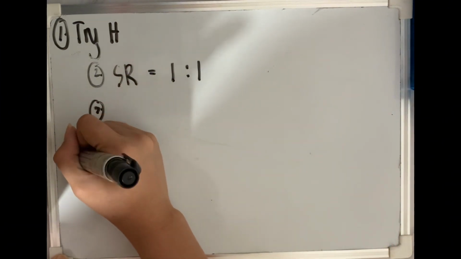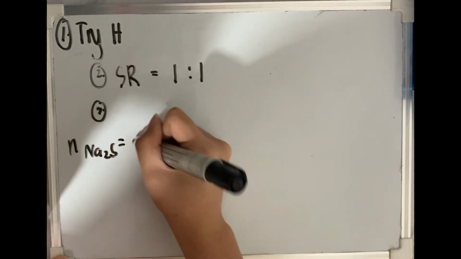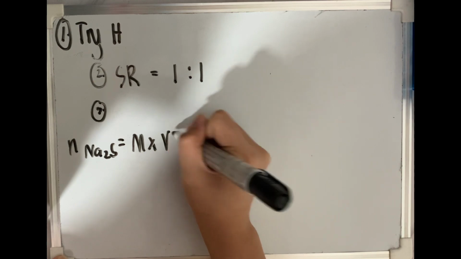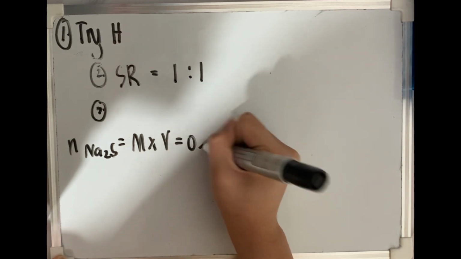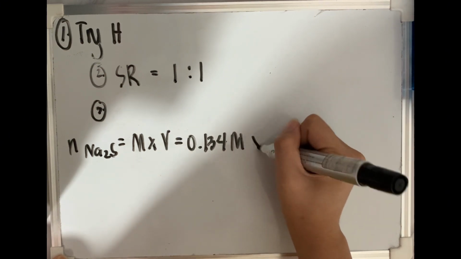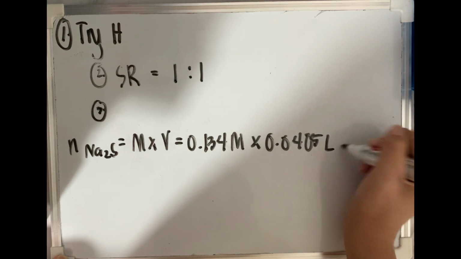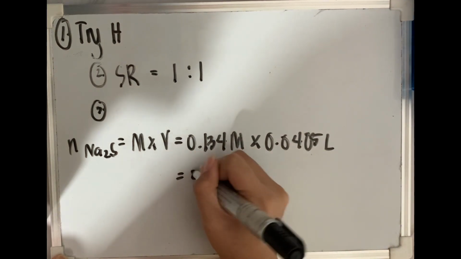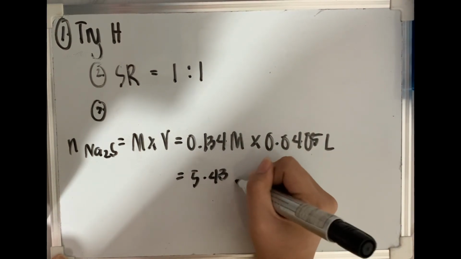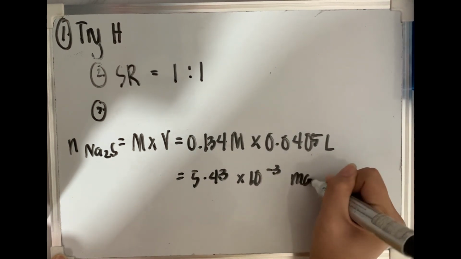So n equals M times V equals 0.134 M times 0.0405 liters, which is equal to 5.43 times 10 to the power of -3 mole.